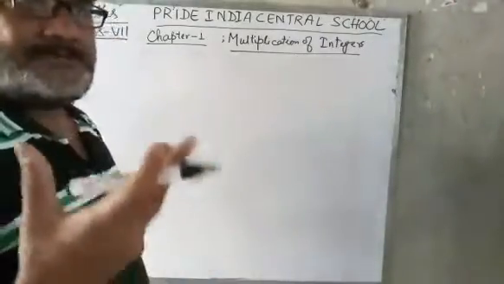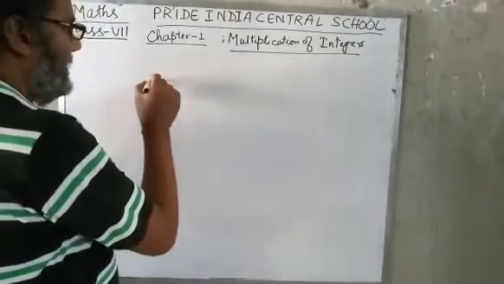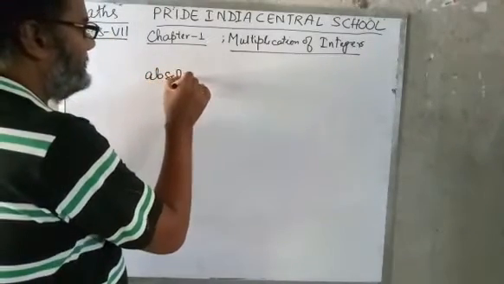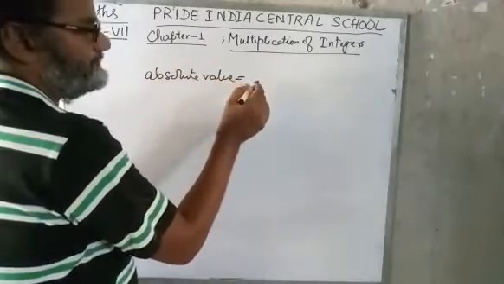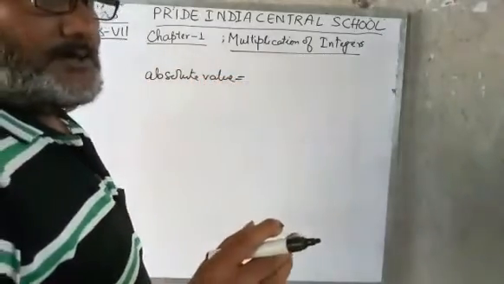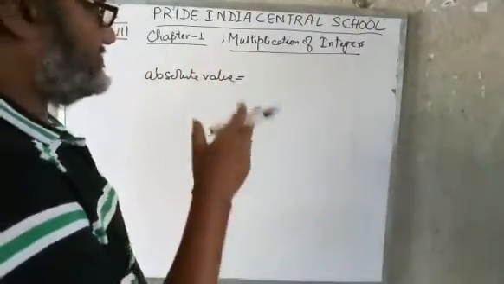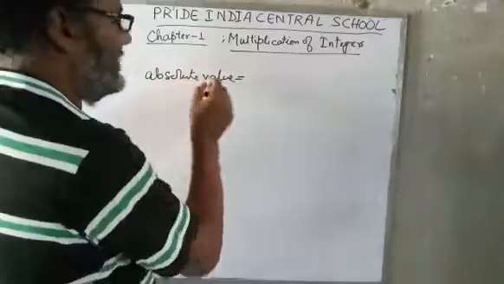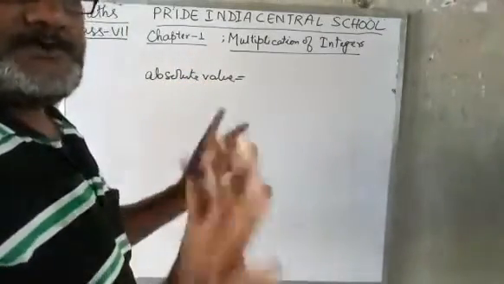How can you determine the absolute value of a given integer? Absolute value is nothing but the number, the digit, whose absolute value has to be found, itself without any sign.